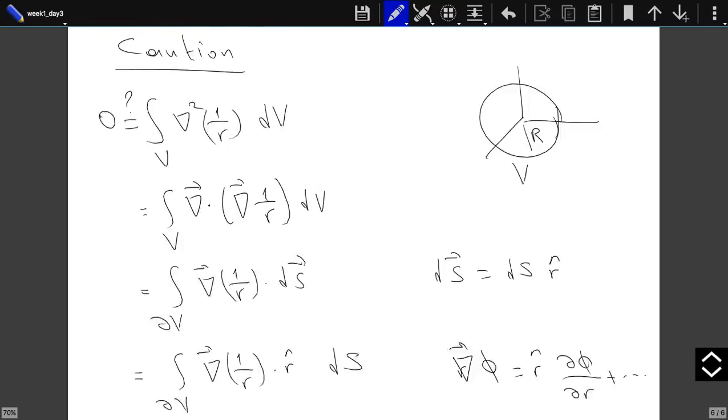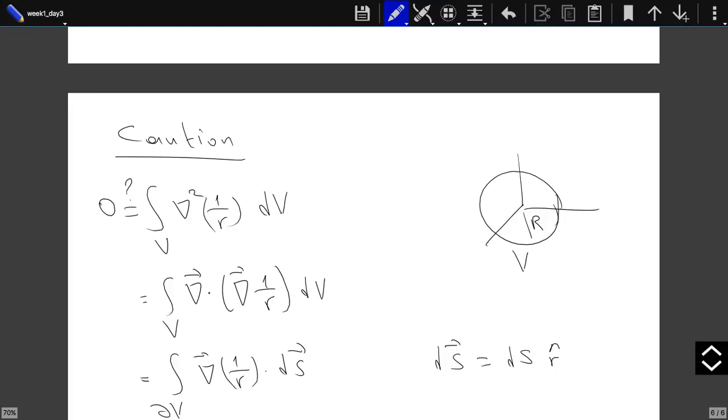So we started by saying that Laplacian of 1 over r is 0, but its integral somehow is non-zero. And that we will continue in the second hour. Any questions up to this point? Now we will see. There is a mistake we made in our derivation.